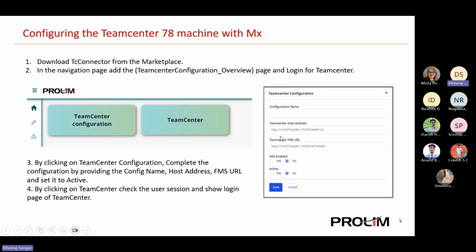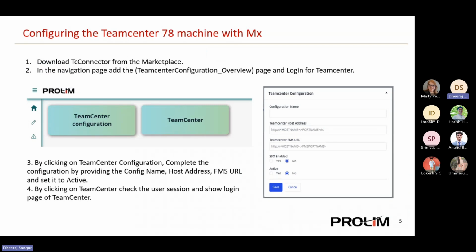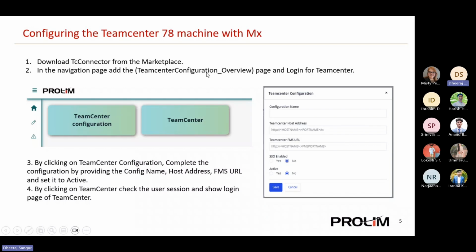Next, coming to the configuration of the Teamcenter 78 machine with Mendix. First, in the Mendix Studio Pro, we have to download the TC connector from the marketplace. And in that TC connector, we have already built-in pages provided by the marketplace, that is the Teamcenter configuration overview page and the login page for Teamcenter. Both of those we have to put in the navigation of the Studio Pro.